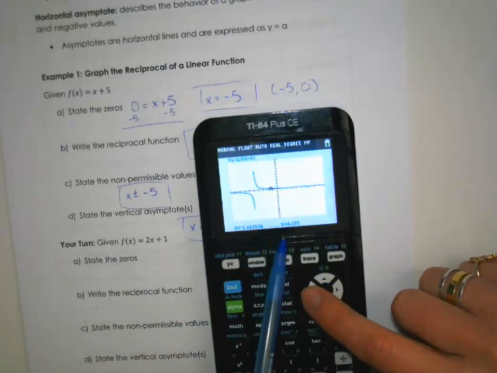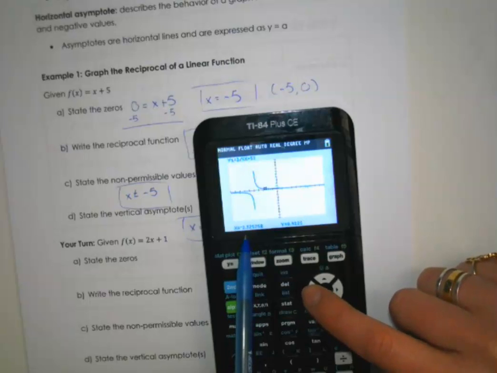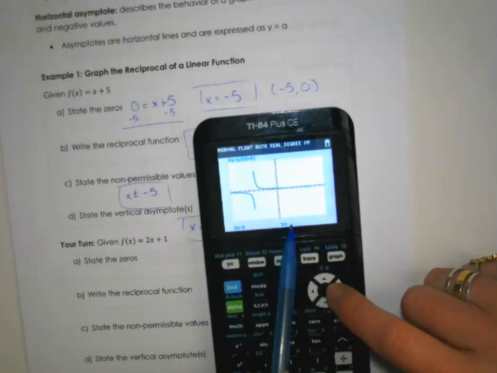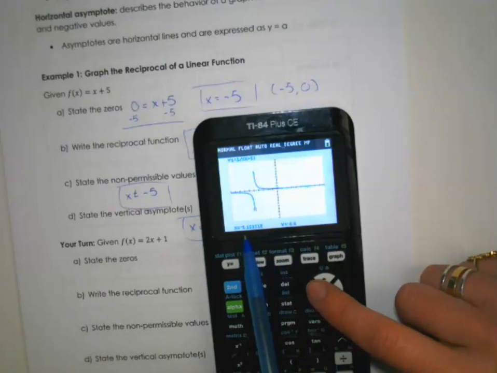We can see that x is increasing: 1.8, 1.9, negative 2, negative 3, negative 4, and then we have negative 5, and see how it jumps to no value for the y. If you keep tracing, it'll jump across to the other component, and we see that it starts at negative 5.15.